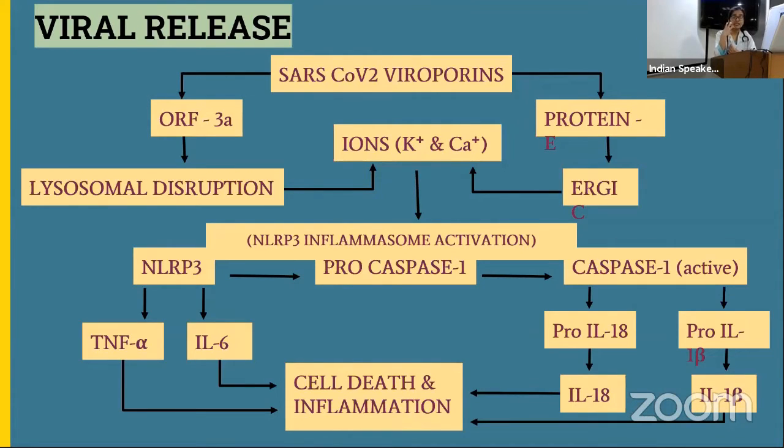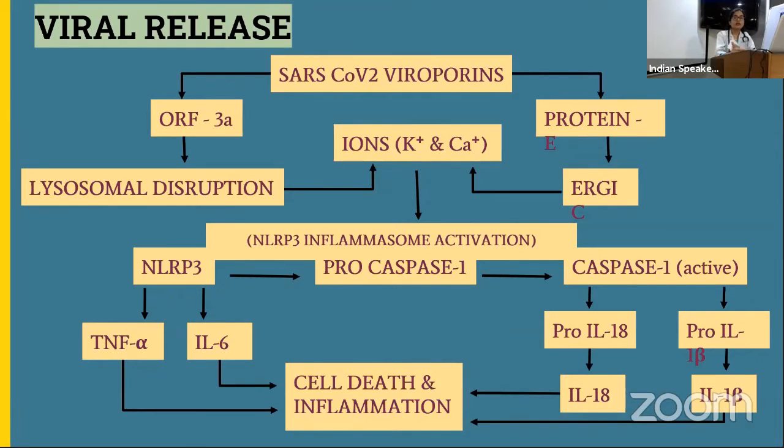This stimulates the cytosolic innate immune signaling receptor known as NLRP3 inflammasome. NLRP3 inflammasome is responsible for inflammation and cell death known as pyroptosis. What exactly happens is that the NLRP3 inflammasome converts pro-caspase-1 to caspase-1, which in turn converts pro-inflammatory cytokines into their active form.